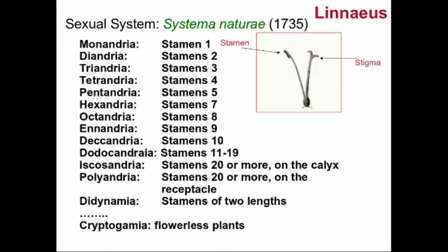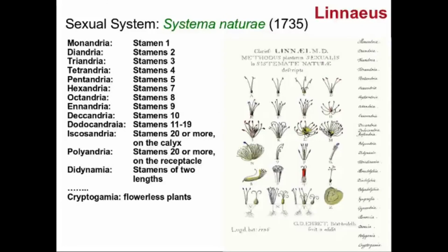Flowerless plants are grouped as cryptogamia. This is the schematic representation of the Linnaeus classification scheme based on stamens. But it is not logical to classify the entire plant kingdom or the flowering plants based on the number of stamens only. It will be varying.